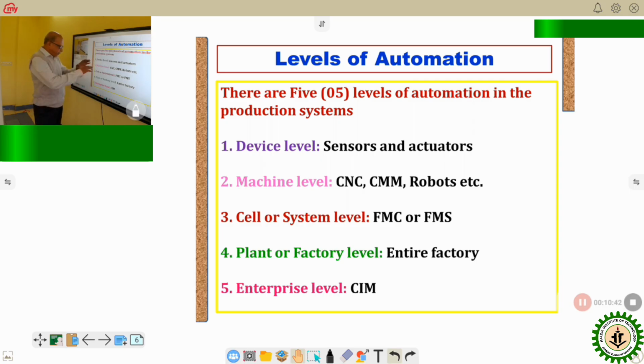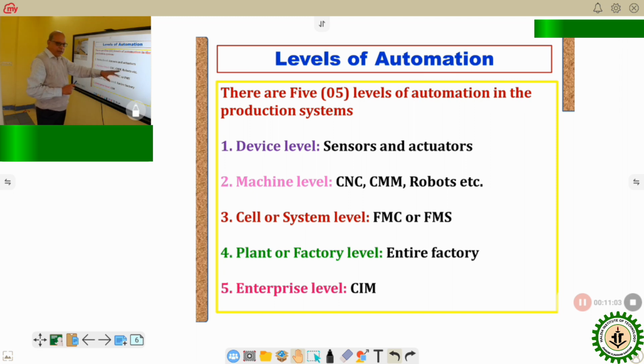Then the integration of all this equipment along with the material handling system, and the overall computerization and control, will be taken care of by a central supervisory computer. Then we can have the system level, that is, the flexible manufacturing cell or flexible manufacturing system.